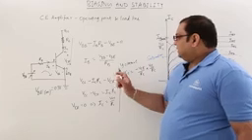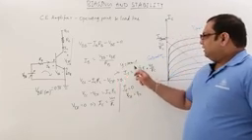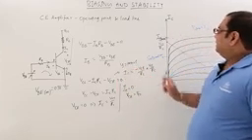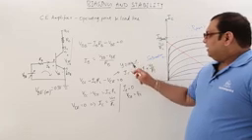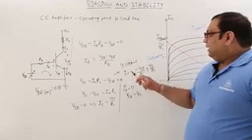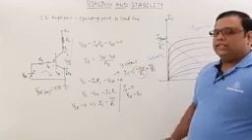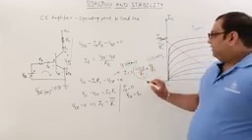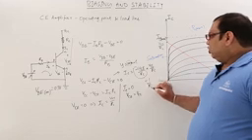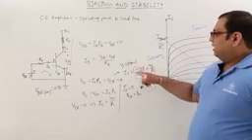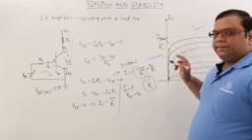If you observe this equation carefully, y axis is Ic, x axis is Vce, so this is the m. So minus 1 by Rc is the slope you are going to get for this load line.